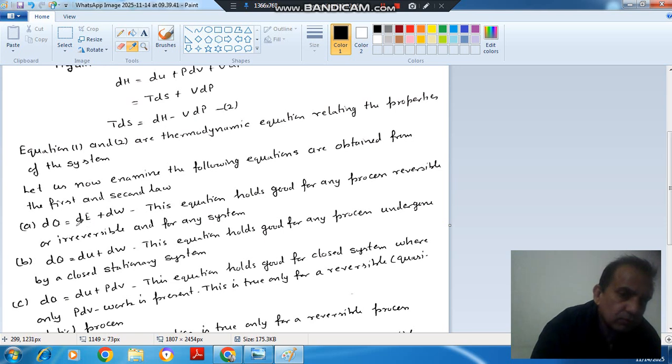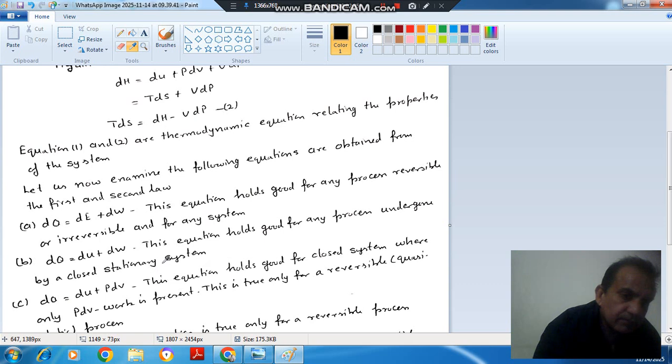Now if we put dE equal to dU, then this equation is valid for a closed process, because dE involves various kinds of energy, kinetic energy, potential energy. We are neglecting these and taking only the change in internal energy. So this is applicable to a closed system, and this equation holds good for any process undergone by a closed stationary system.